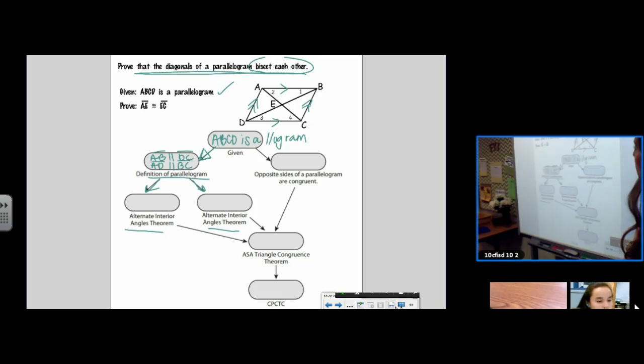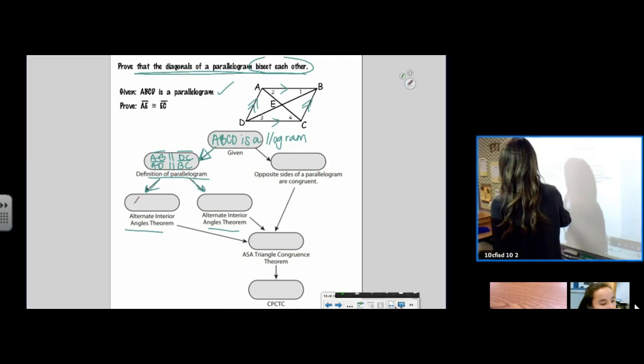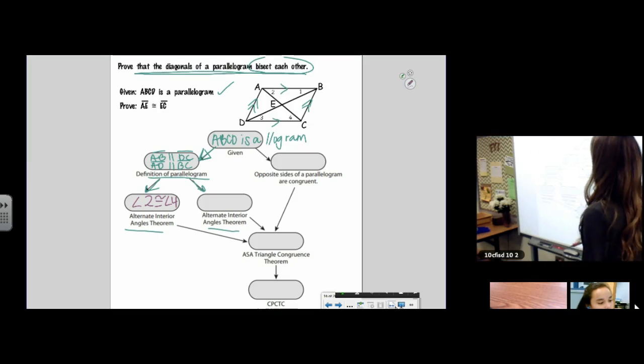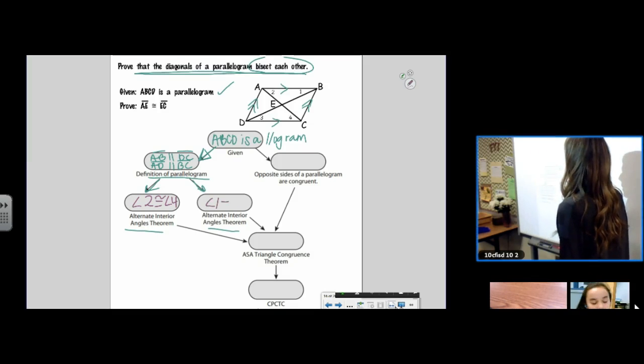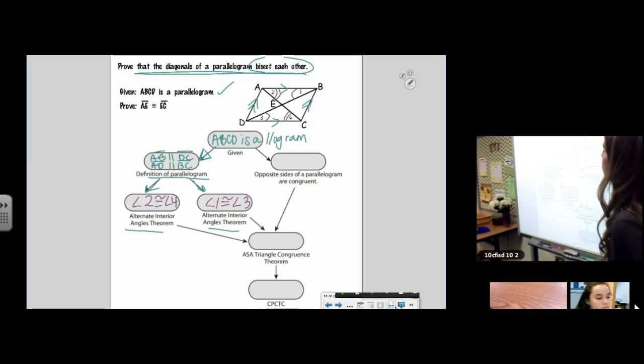So give me a pair of alternate interior angles. Good. We can now say angle 2 is congruent to angle 4, and angle 1 is congruent to angle 3. Let's mark it on our picture because when we say something, we want to mark it.